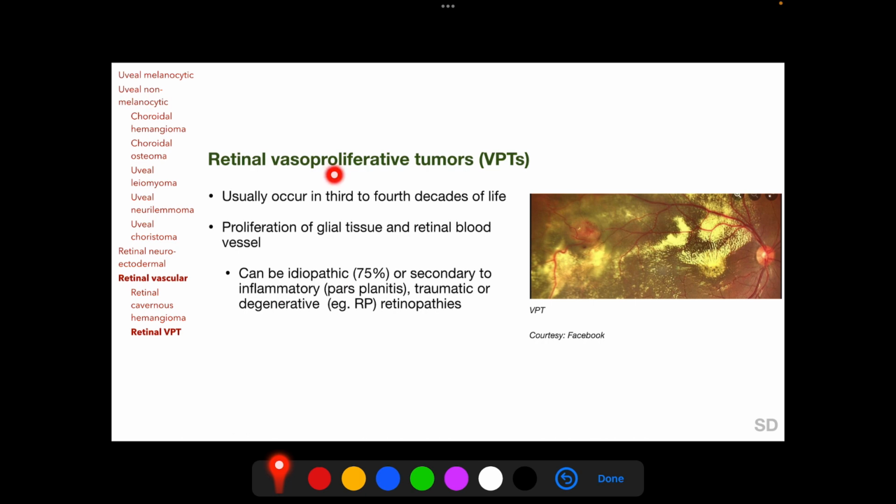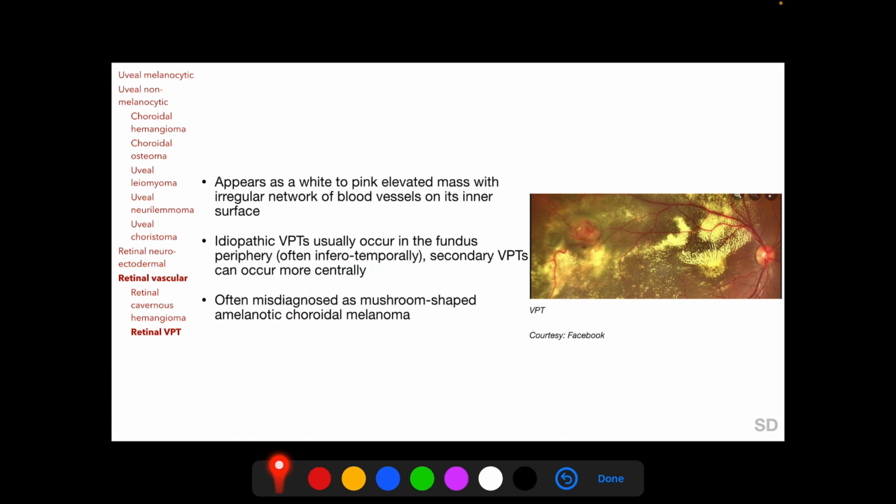Retinal vasoproliferative tumors or VPTs are usually detected in the 3rd to 4th decades of life, and they are a proliferation of glial tissue and retinal blood vessels. Most of them are idiopathic, but some can be secondary to inflammatory, traumatic, or degenerative retinopathies. Retinal VPTs appear as a white to pink elevated mass with an irregular network of blood vessels on its inner surface.